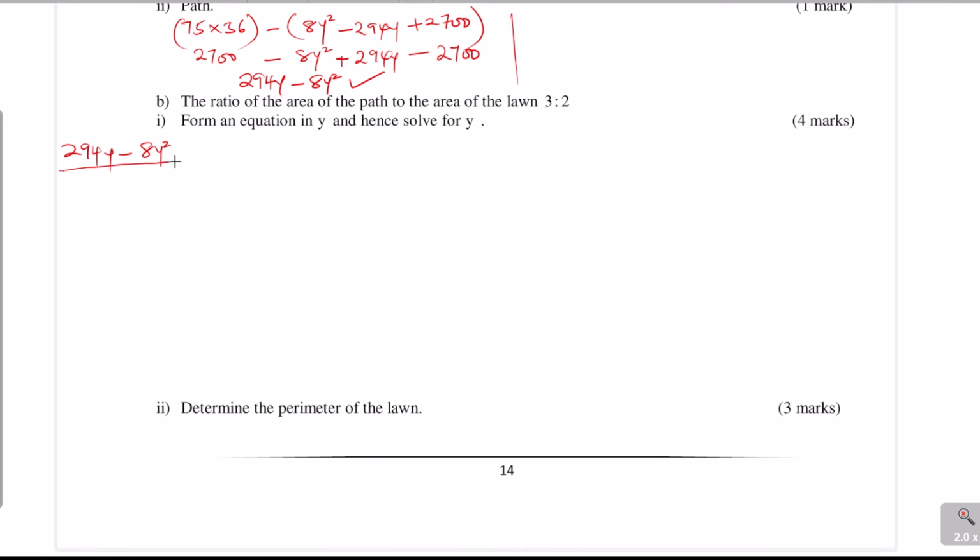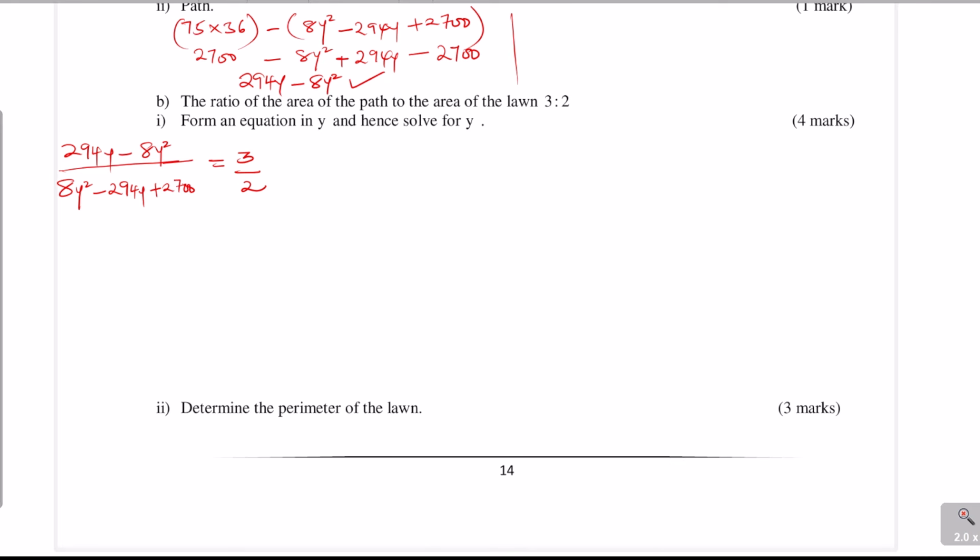So when you're getting the ratio, then the area of the lawn, that one we got it as 8y squared minus 294y plus 2700. So that is the ratio, and that should give you 3:2. So this is the equation you're supposed now to solve, and that should give you the value of y.